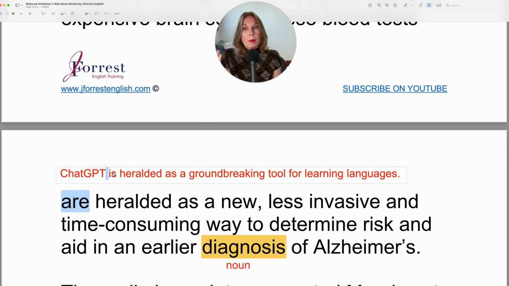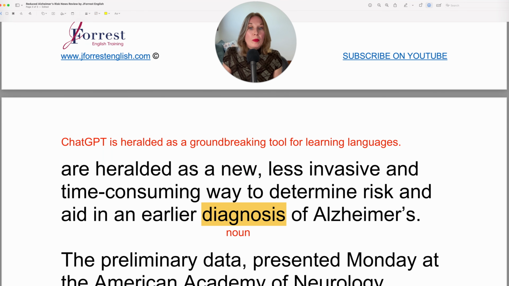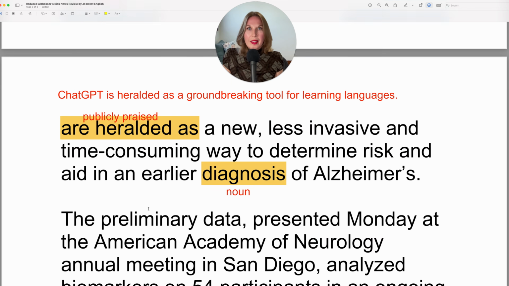In my example, it's singular. ChatGPT is heralded. So we always use this in the third form of the verb, heralded as. You need that preposition as, but now we need a noun. So here I have a tool for learning languages, but I want to make it sound more impressive. So I added this adjective, a groundbreaking tool for learning languages. So publicly praised.